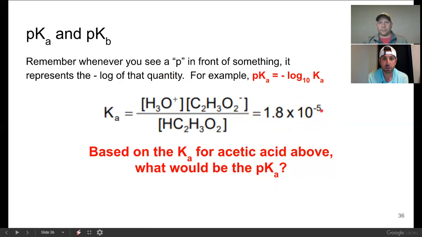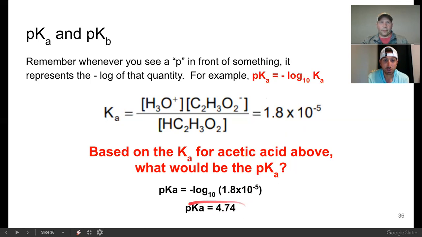It's not a concentration, it's just a number. Once we have that, we can find the pKa. So let's see what it looks like if we took the negative log base 10 of the Ka, which gives the pKa.